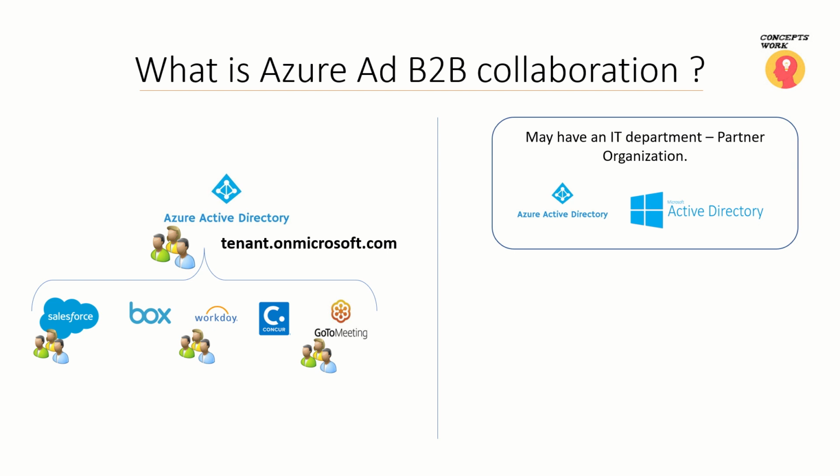So if one single user that belongs to a partner organization is going to help tenant.onmicrosoft.com, this particular directory, with certain deployment or with a certain phase of IT infrastructure, it could be anything. There are two options which can be followed.